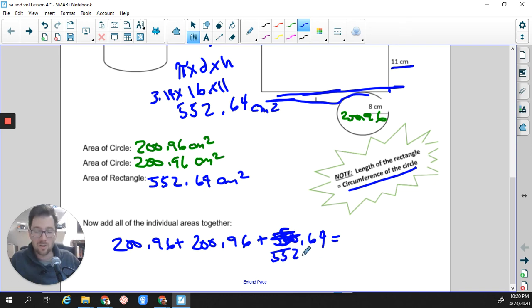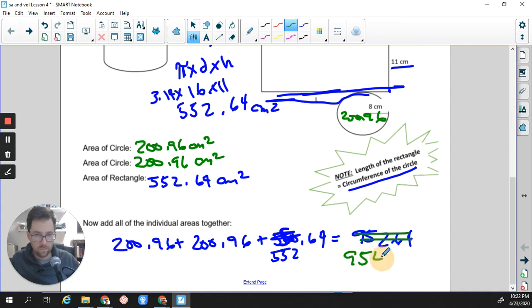So now we know 952 plus a little bit. 952.64. Whoops, psych. That was just a test on you, not 952. Cross that out. 954.56 centimeters squared. There we go.